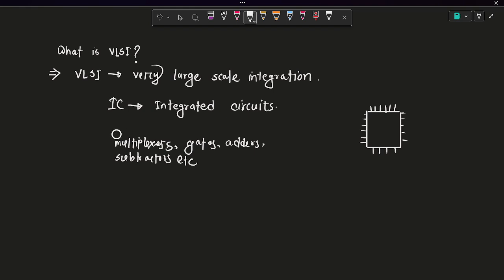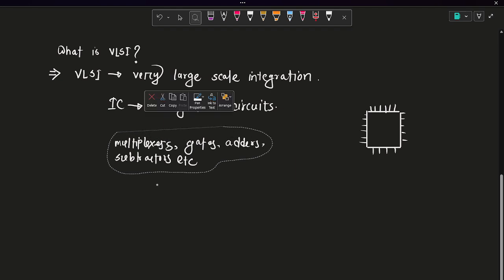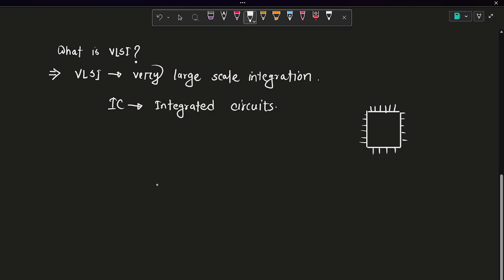Okay. So if we need to perform these operations at once, or in a single circuit, then we need to occupy them in a single semiconductor material to perform the tasks. This is the concept.